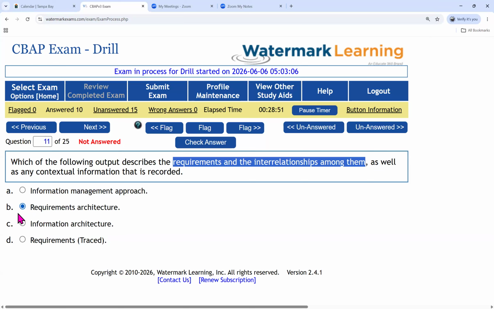I've got one vote for B. Okay, I have to change to requirements traced. Okay. I've got one vote for D. But the requirements traced, it's the traced word that's throwing me off.